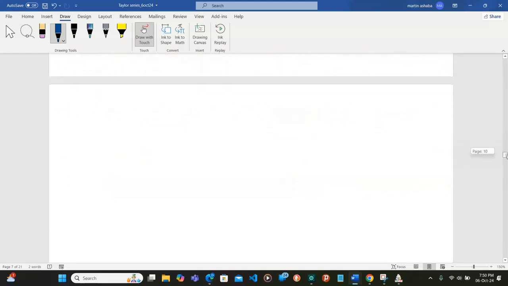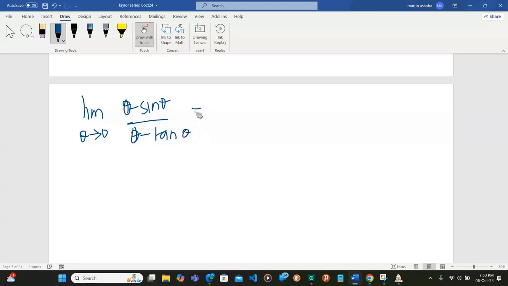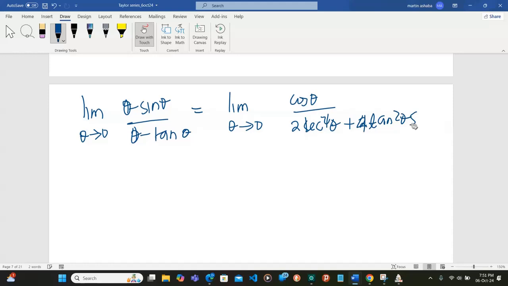So now let's take the limit as theta tends to 0 of cos theta divided by 2 sec to the power 4 theta plus 4 tan squared theta sec squared theta.